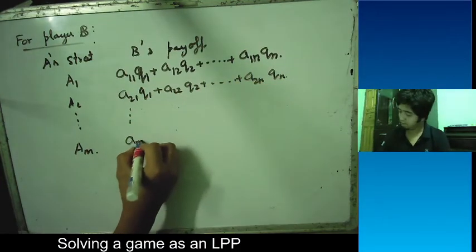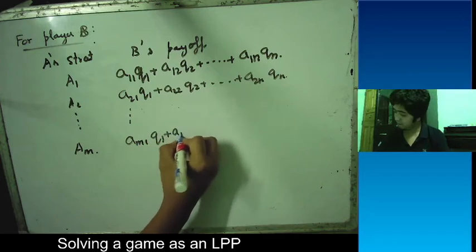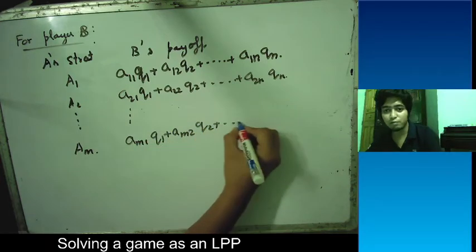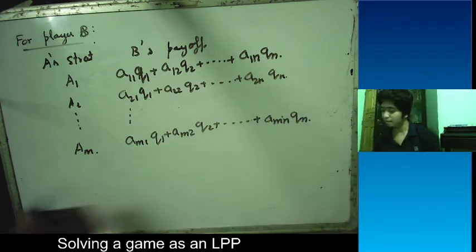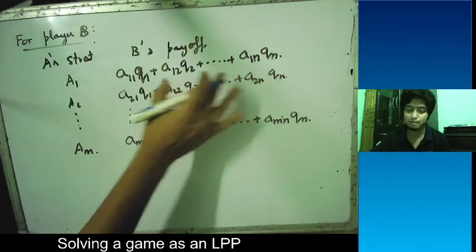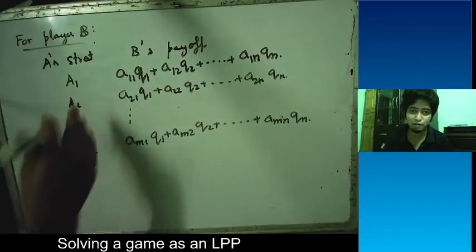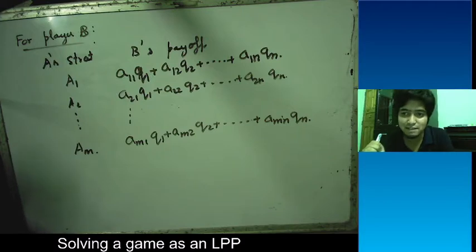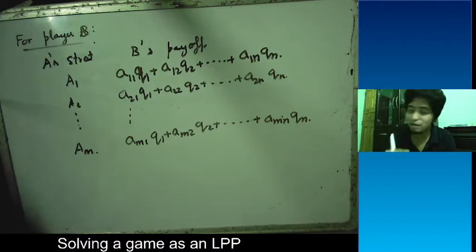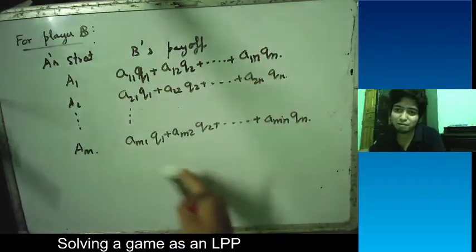Similarly, am1 q1, am2 q2 up to amn qn. So these are the possible payoffs for B when A's strategies are A1 up to Am. Remember that B wants to minimize his loss. So what will he do? He will calculate the maximum out of all of these.